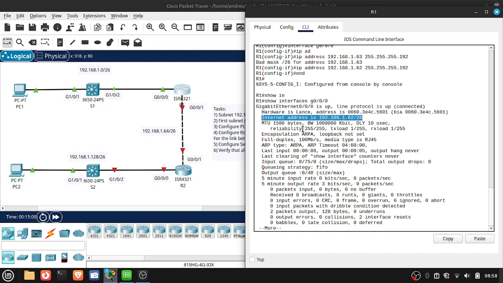You have other information about the input output errors here, but this is what we are looking for. We also have our MAC address.